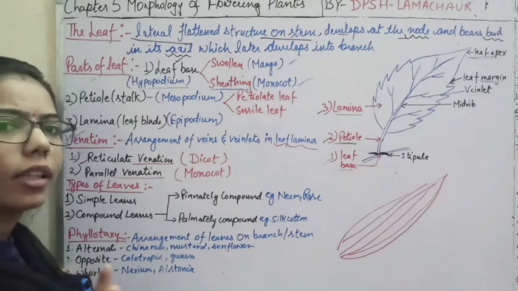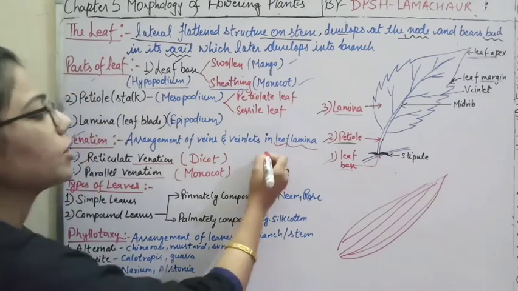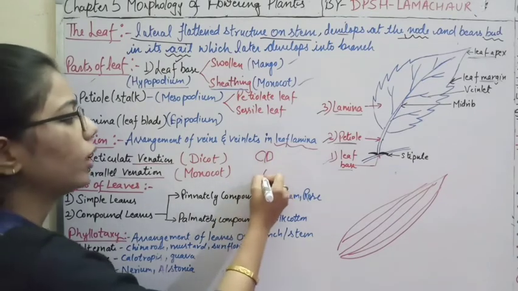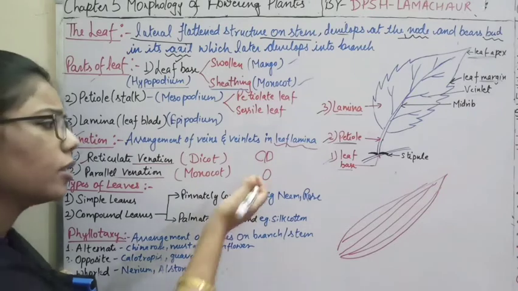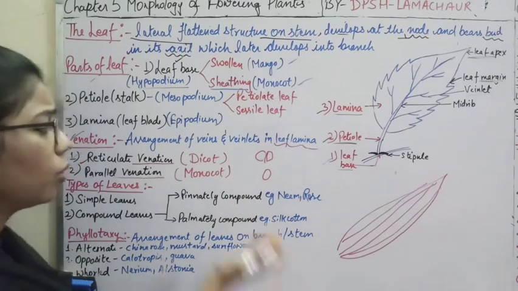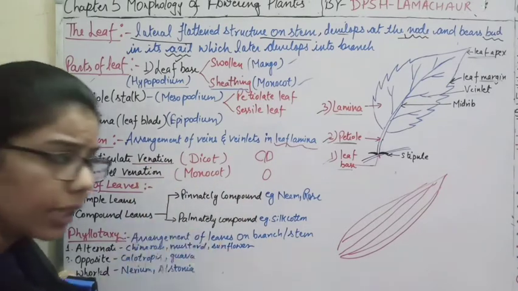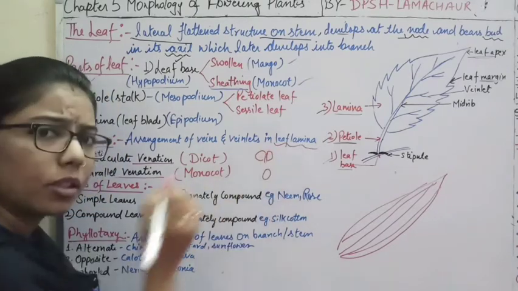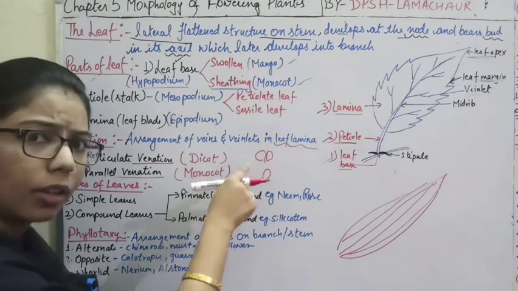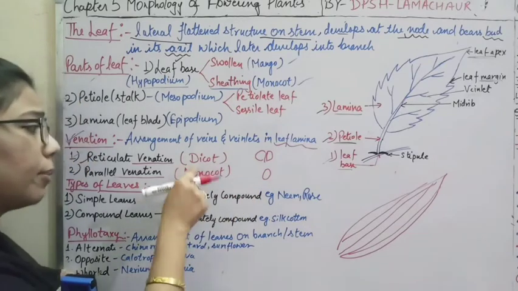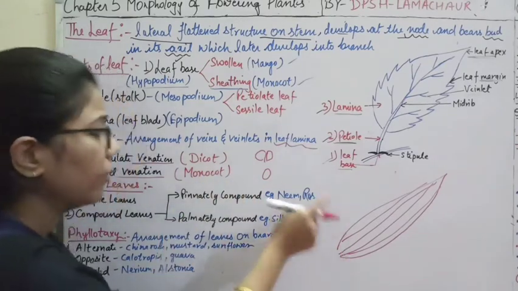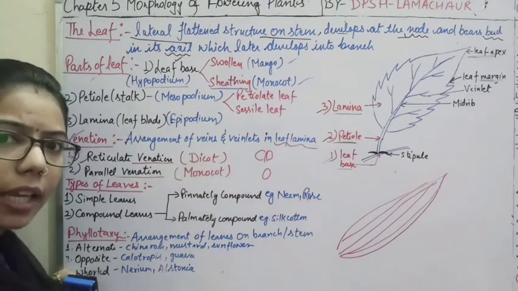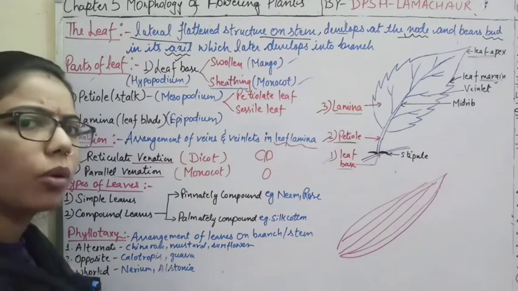Previously, in the lower classes, we learned that if a seed has two cotyledons, it means dicot, and if it has only one cotyledon, it means monocot. But later, in higher classes, you will understand that not only on the basis of seed, but even on the basis of leaves also, we can say whether it is a dicot or a monocot plant.